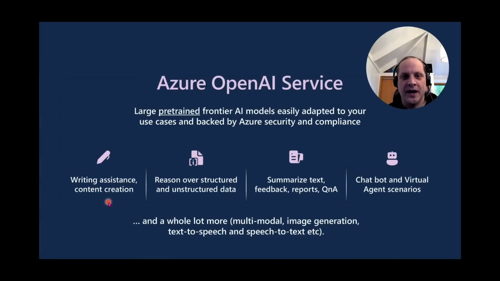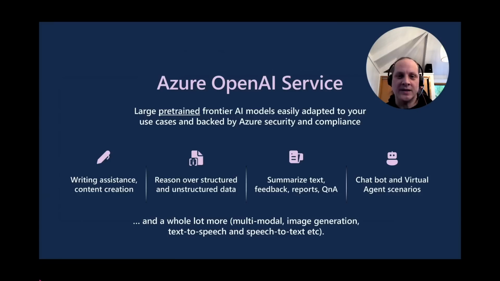So what is Azure OpenAI Service? Azure OpenAI Service is a service that's deployed into Azure that makes the large language models, the frontier models that are produced and pre-trained by the company OpenAI, available inside your Azure environment for you to use in your applications.